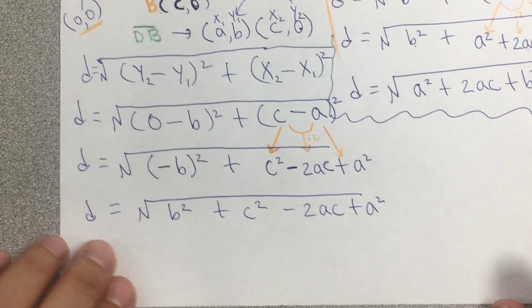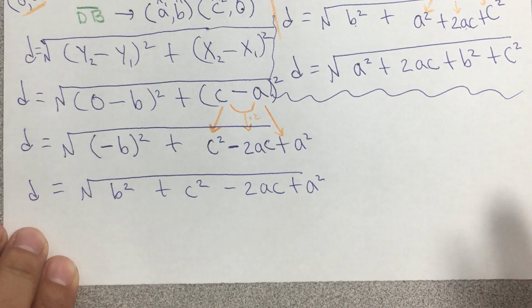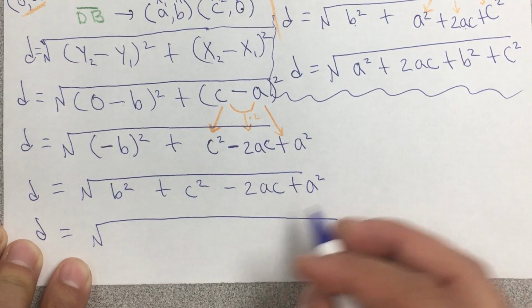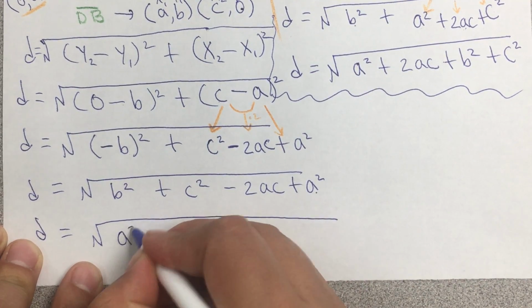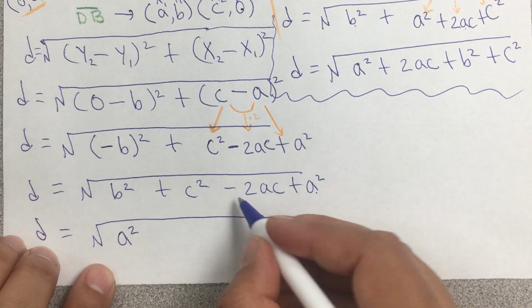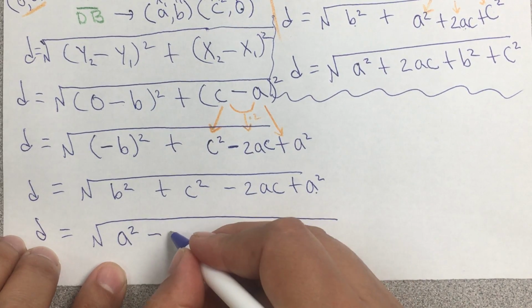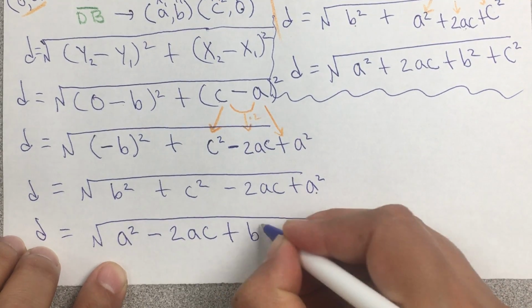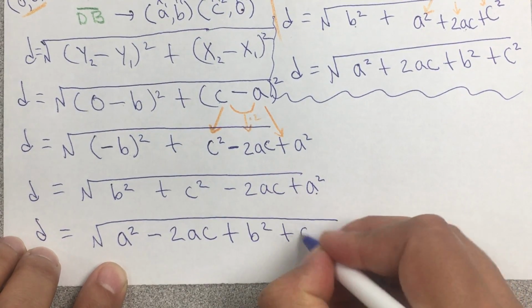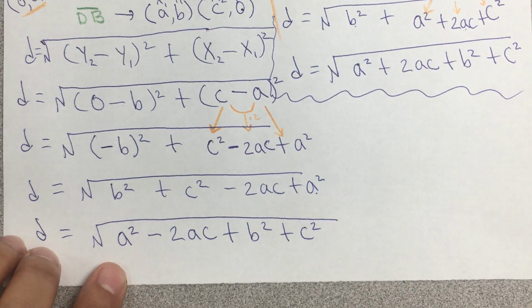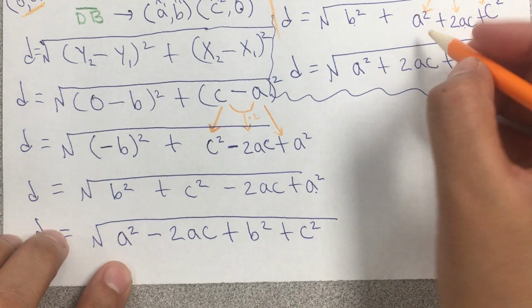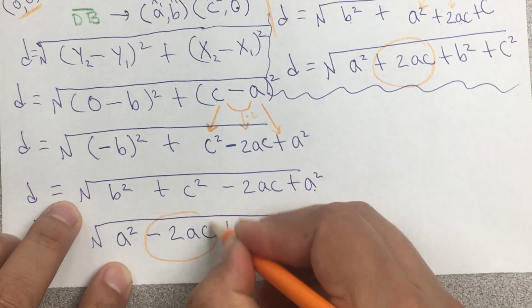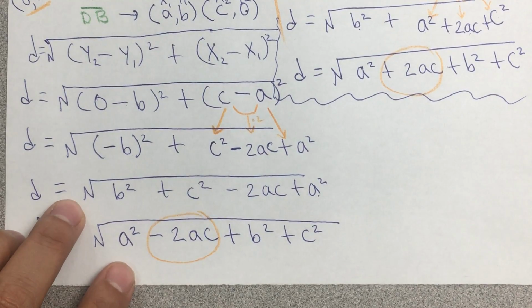So now let me arrange it a little, comparing it to the other one and putting it in alphabetical order. It would be A squared, positive, then negative 2AC, positive B squared, and positive C squared. So if you notice, they are not the same, and that proves that just because of this difference, they are different measurements.